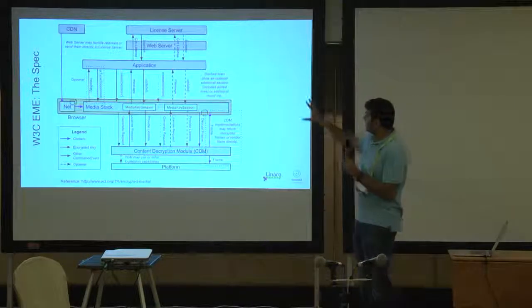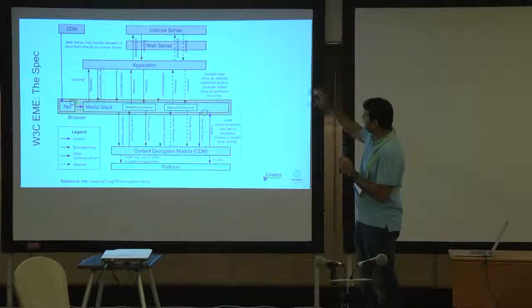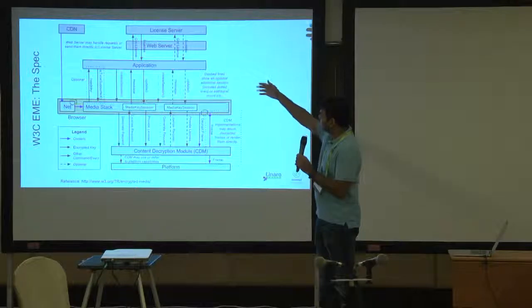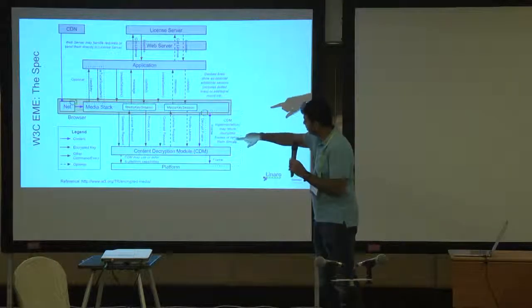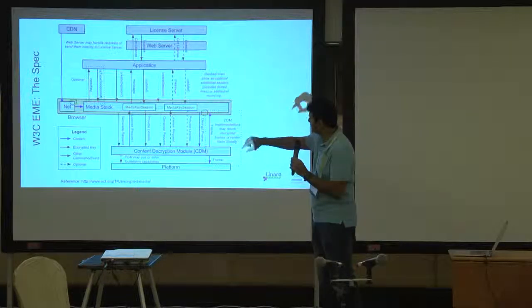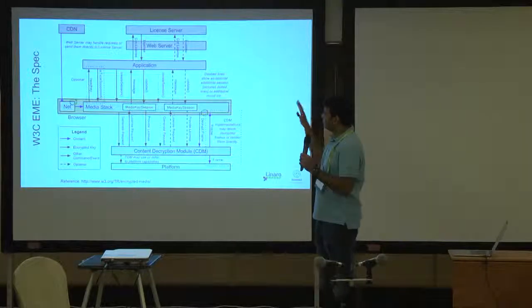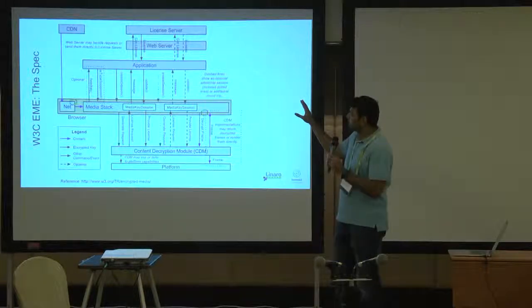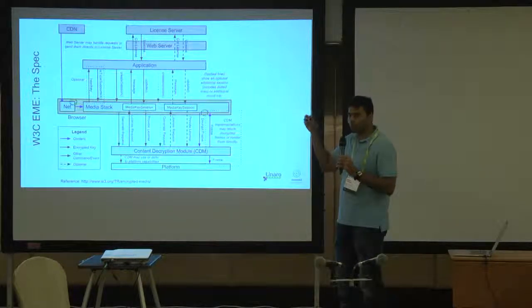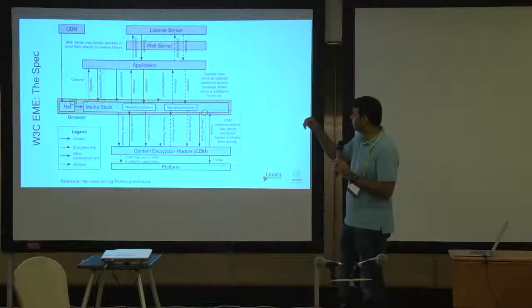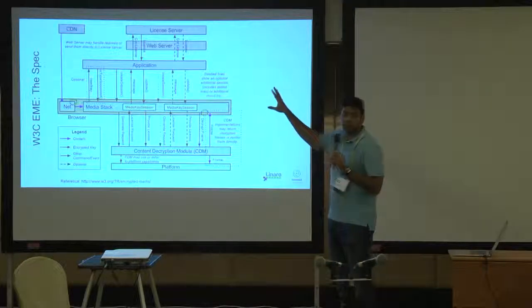So again, if you look at it from the JavaScript application side, and you use this API, it basically provides a pipeline from the content decryption module to the license server, right? In reality, the JavaScript application doesn't really know what the messages going back and forth between the content decryption module and the license server are.